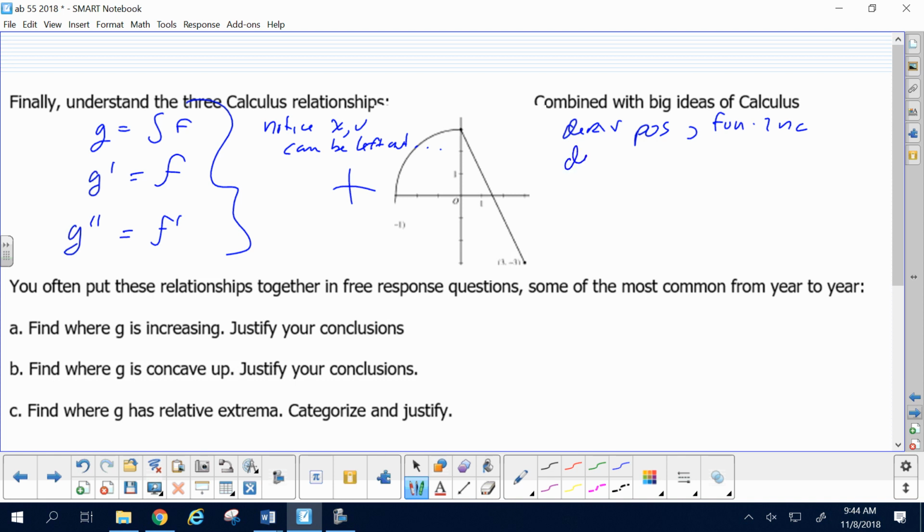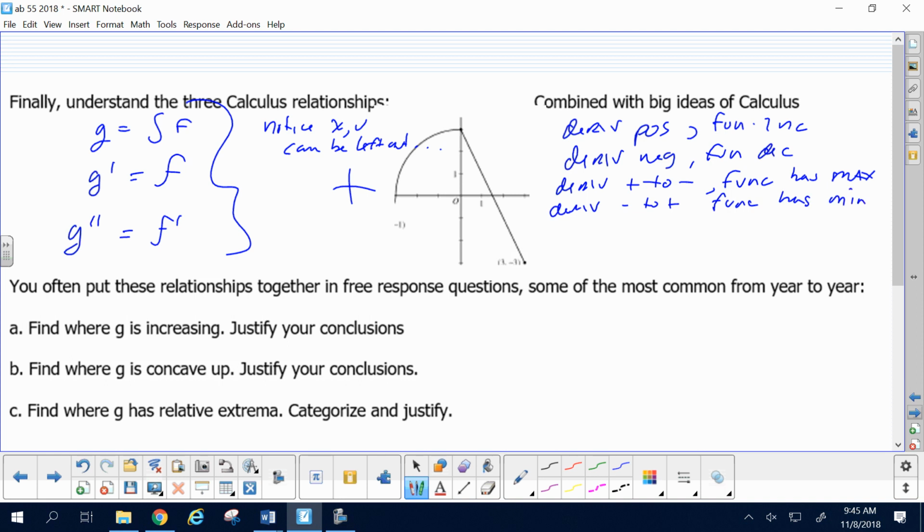When the derivative is negative, the function is decreasing. When the derivative goes positive to negative, the function has a what? If the derivative goes positive to negative, the function has a max. If the derivative goes negative to positive, the function has a min. All these are big ideas of calculus that you should know.